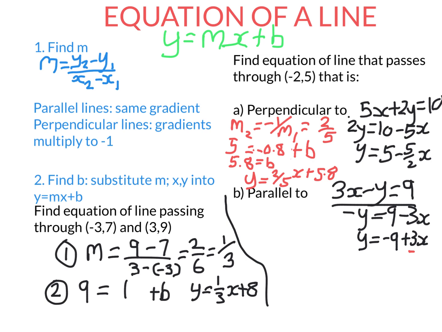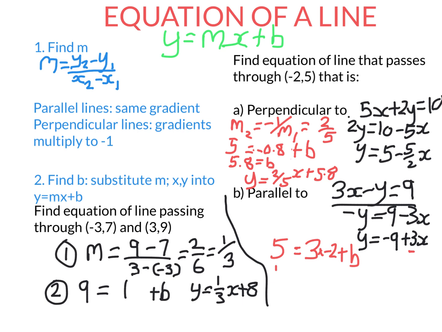So when I'm finding the equation of the line parallel to this, I have found the gradient is 3. I have done step 1. Step 2 is to find b. I'm going to take my equation y equals mx plus b, and I'm going to substitute m for 3. And I substitute x and y from the point I was given. Once again, I'm going to substitute x for -2 and y for 5.